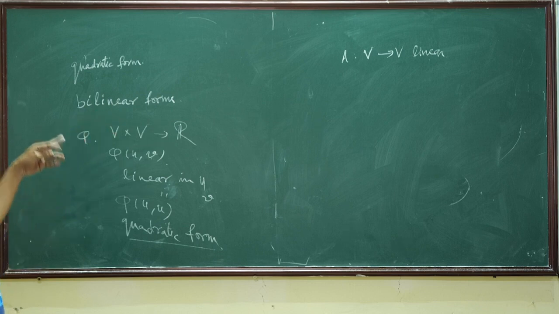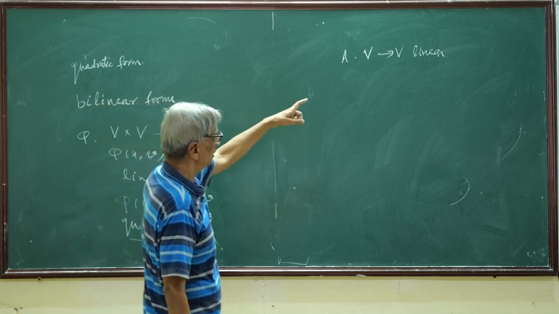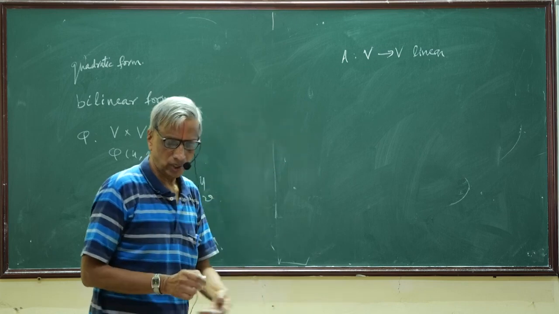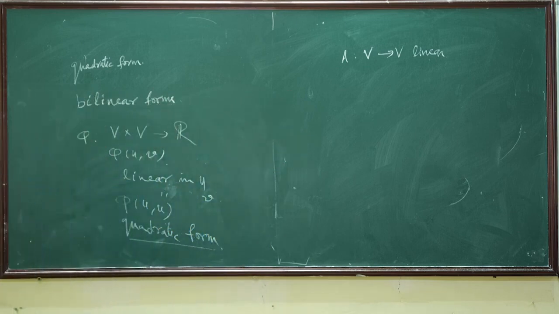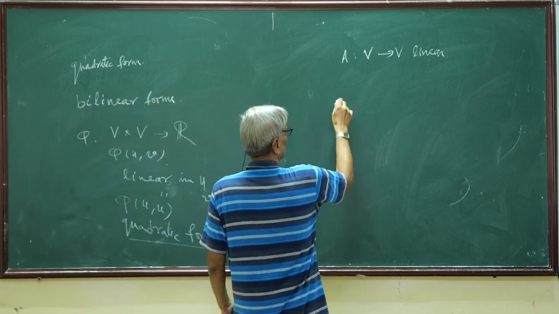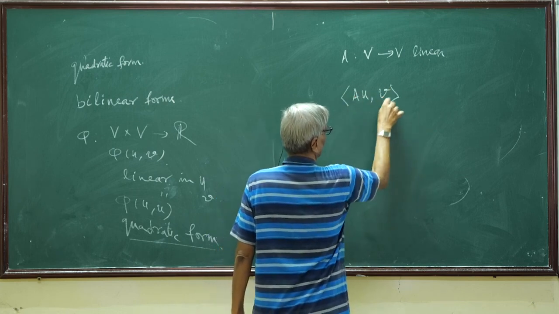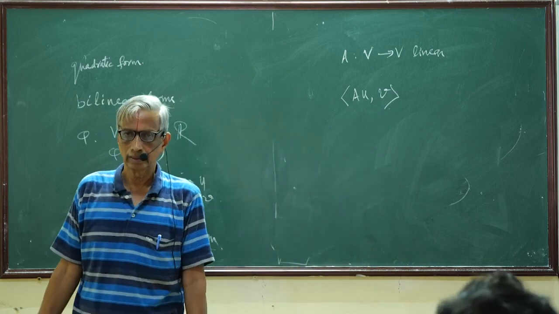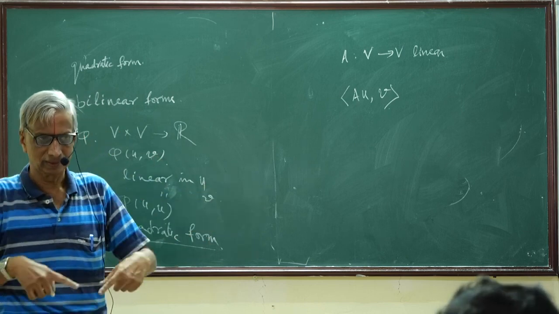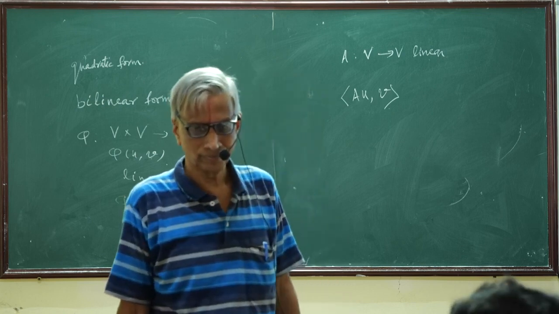Of course, when you want to look at the corresponding quadratic form, you take V equal to V. But the thing which is of interest to us is just where you have a single linear map like this, and look at the corresponding inner product, AU dot V. We either write dot or put the angle bracket for inner products.